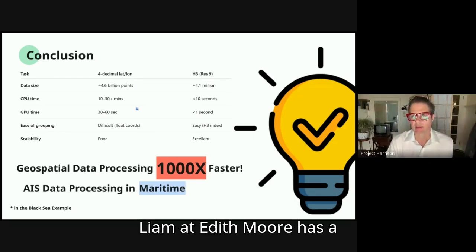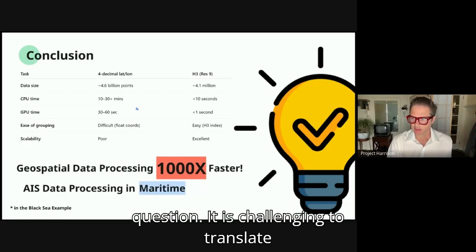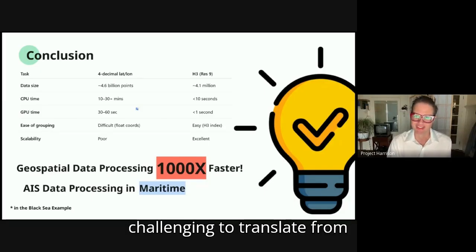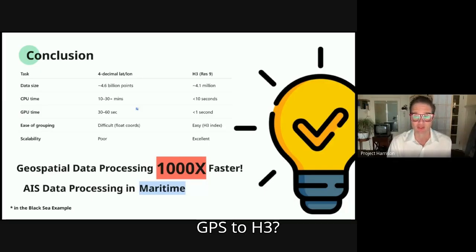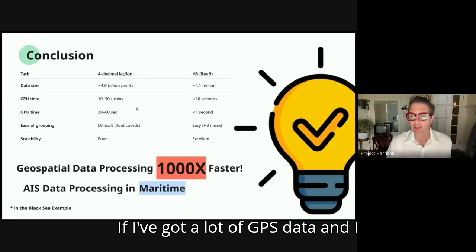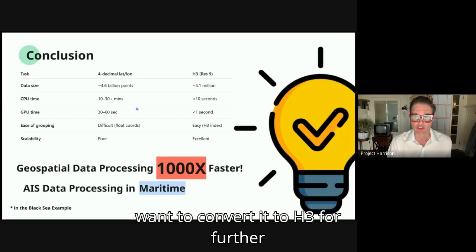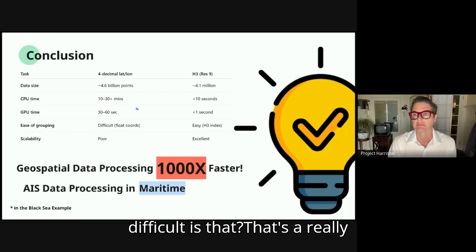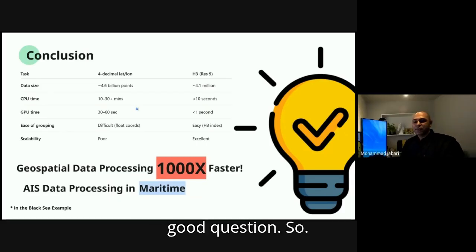Liam at Edith Moore has a question. Is it challenging to translate from GPS to H3? If I've got a lot of GPS data and I want to convert it to H3 for further processing or vice versa, how difficult is that? That's a really good question.